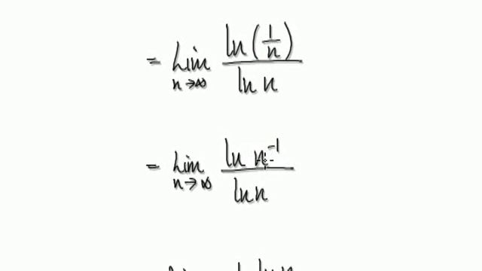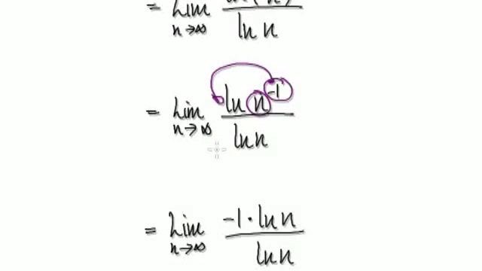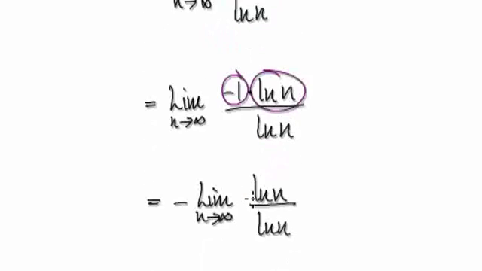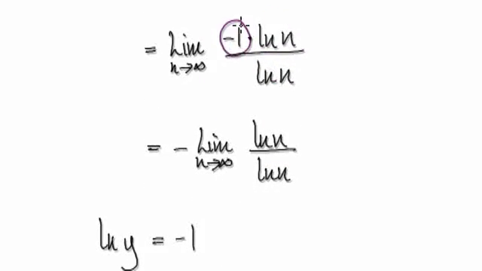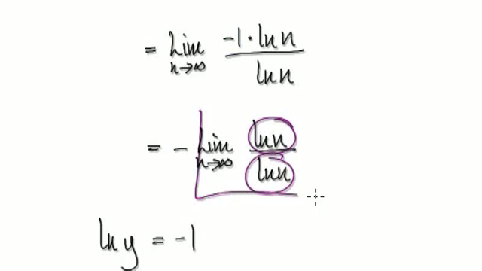So whenever you take the natural log of one thing to the power of another thing, the power can come down. That will give you minus 1 times this thing here, and minus 1 is a constant, so you can take it out of the limit. That gives you this. Now exactly the same divided by exactly the same.